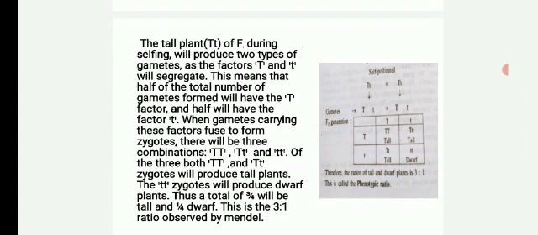Of these, both capital T capital T and capital T small t zygotes will produce tall plants. The small t small t zygotes will produce dwarf plants. Thus, a total of 3 by 4 will be tall and 1 by 4 will be dwarf. This is the typical 3:1 ratio observed by Mendel.